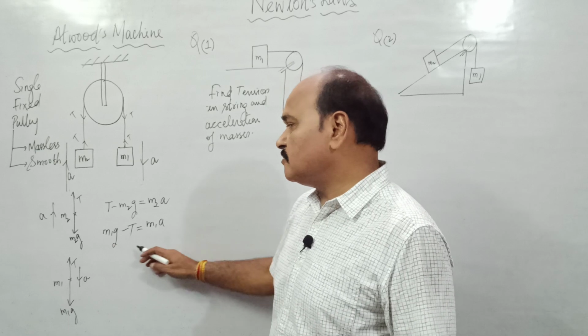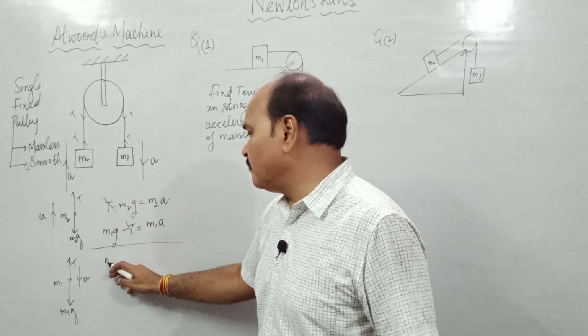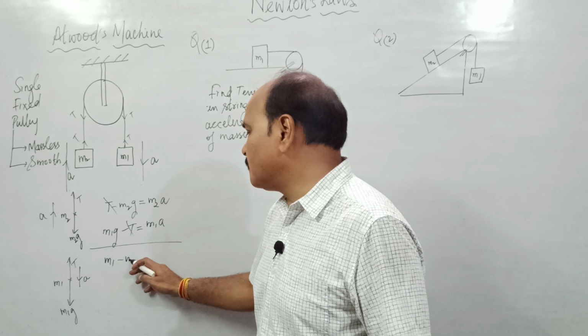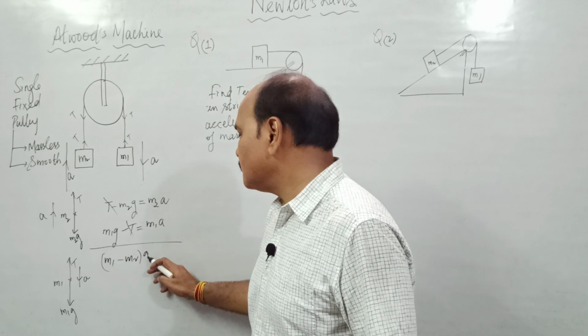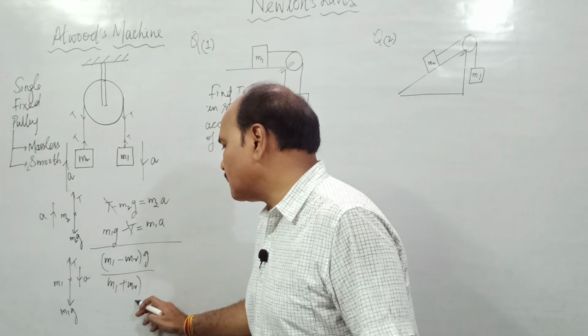We add the two, and what do we get? We get M1 minus M2 into G upon M1 plus M2 as the acceleration.